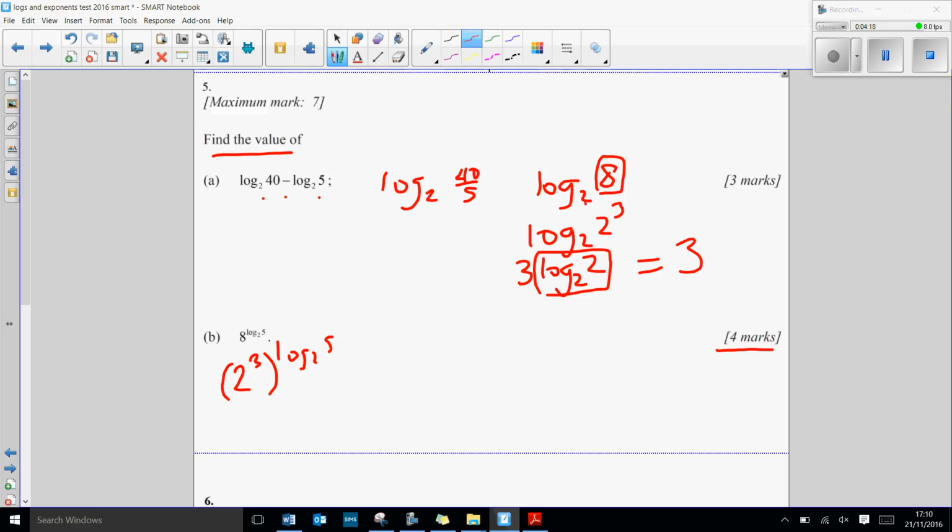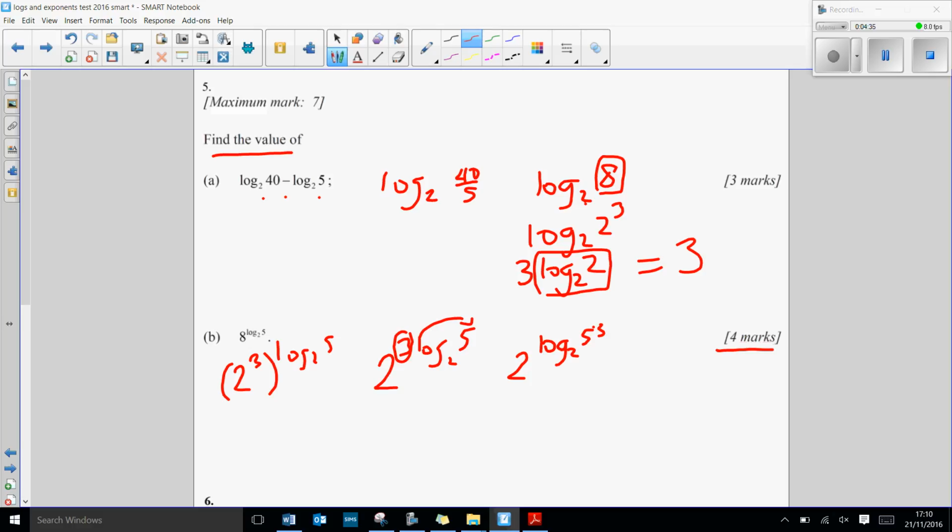Multiplying these, we get 2 to the power 3 log base 2 of 5. We know that this number here can come up to be a power, so this is 2 to the power log base 2 of 5 cubed, so that's 2 to the power log base 2 of 125.